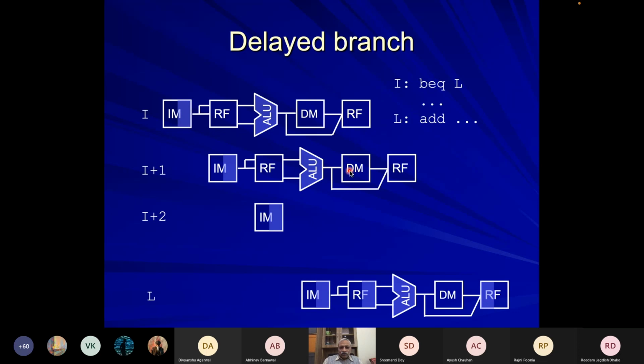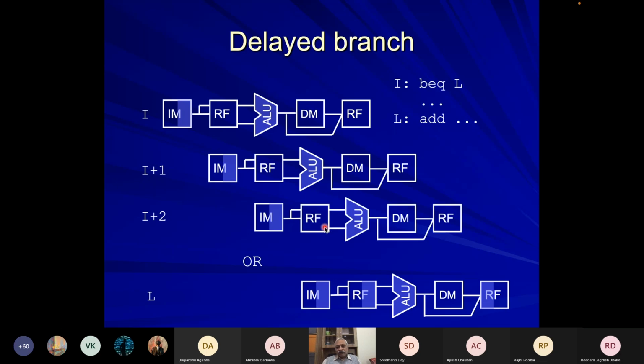I plus 2 could be fetched here immediately after I plus 1. But if L is to be done, then it can start only in this particular cycle after 2 cycle delay. If I plus 2 was to continue, we could continue in the manner we did if we had allowed inline instructions to come in and continue.